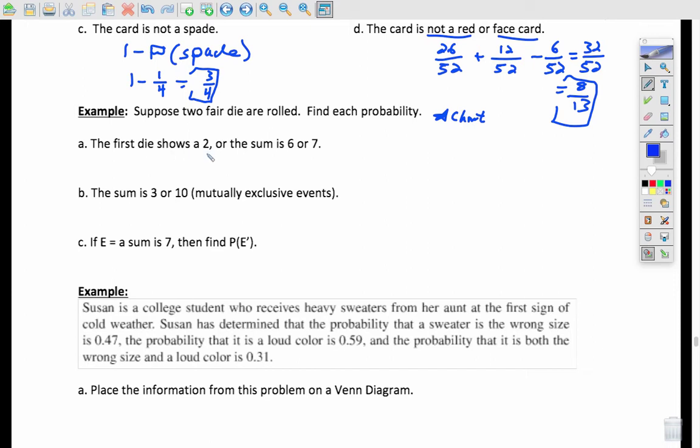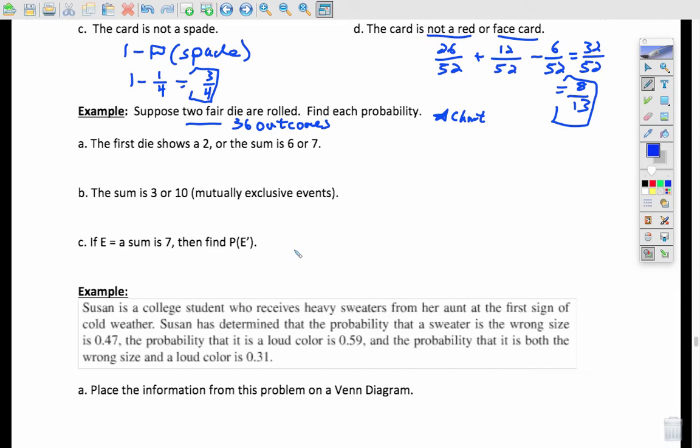Okay, so if the first die shows a 2, the thing that you have to keep in mind is that with 2 fair dice, there are 36 outcomes, not 12. A lot of students, when they first learn that, are a little surprised that there's 36 outcomes. Well, 6 outcomes on the first die, and then you can pair those off with 6 outcomes on the second die.